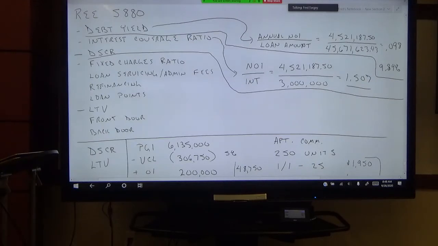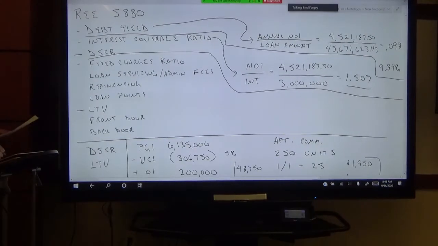The next one is fixed charges ratio. So in this case, what you may have is, in essence, other items that you would basically be having to pay for.